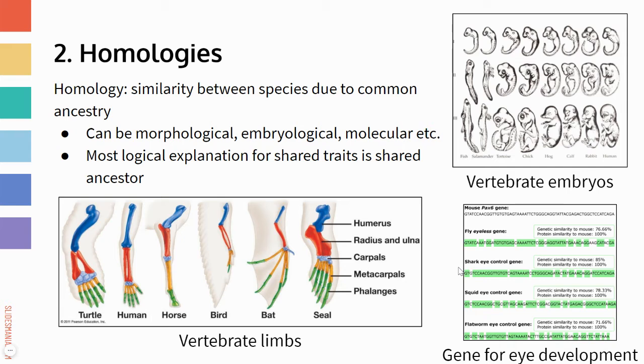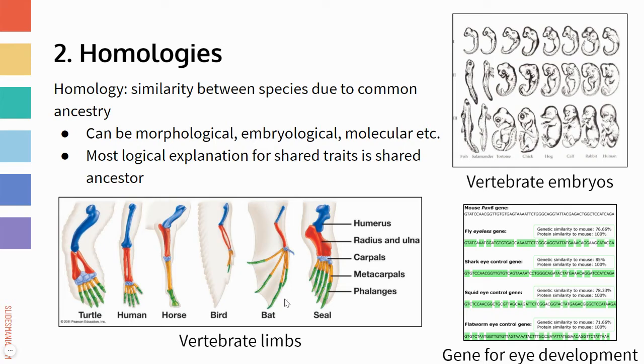It can be embryological, so the way that organisms develop in utero. It can be genetic or molecular, but essentially it's a trait that is shared between at least two species, because their common ancestor had that trait and passed it on to both of them, or more than two.